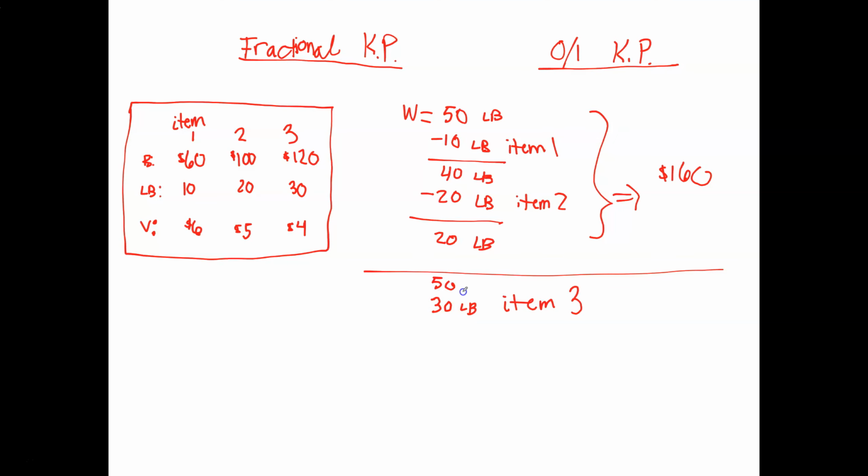We've got a 50-pound backpack that we can work with. If we took item 3, we'd have 20 pounds left over. We can use that 20 pounds to take item 2, and then we walk away with $220. So this is an optimal solution.